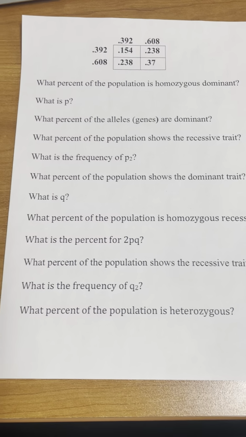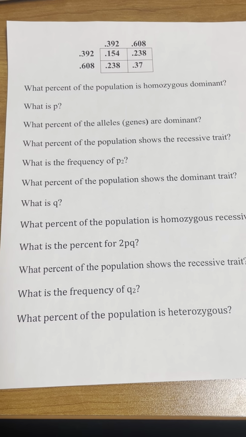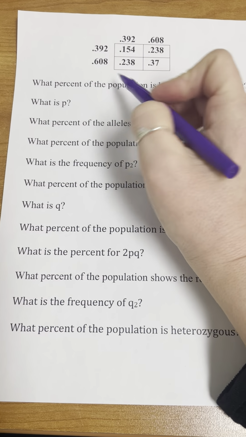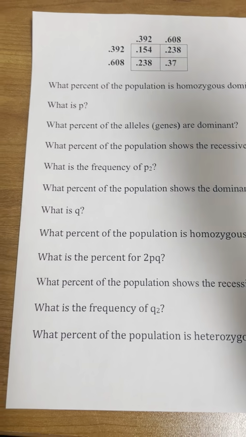All right, so let's go through the following questions. One of the things that I would do is label my Hardy Weinberg Punnett square here with all of the values.